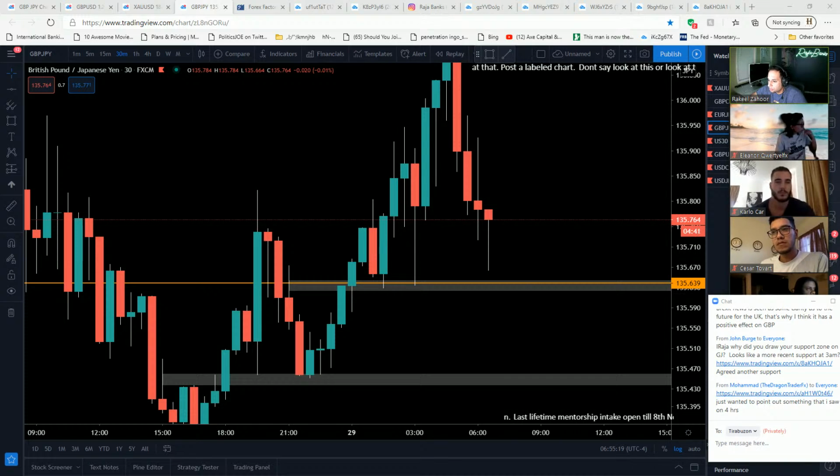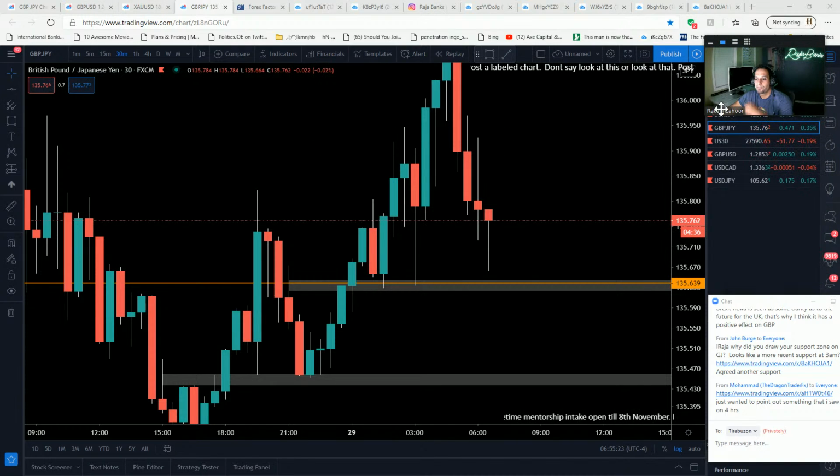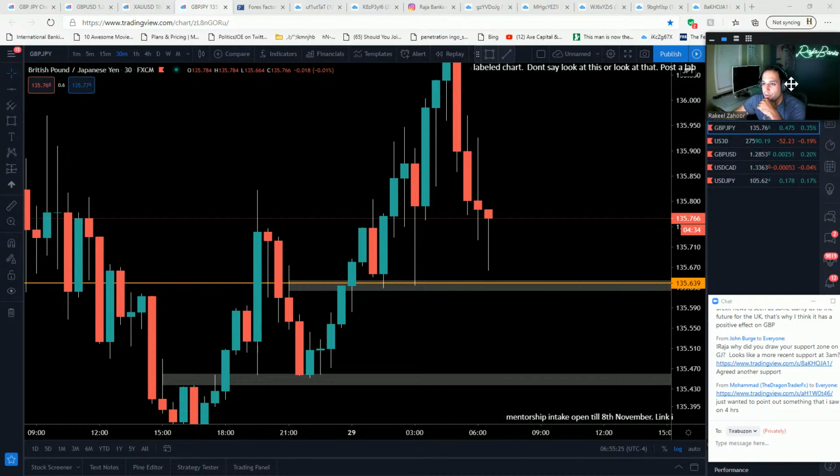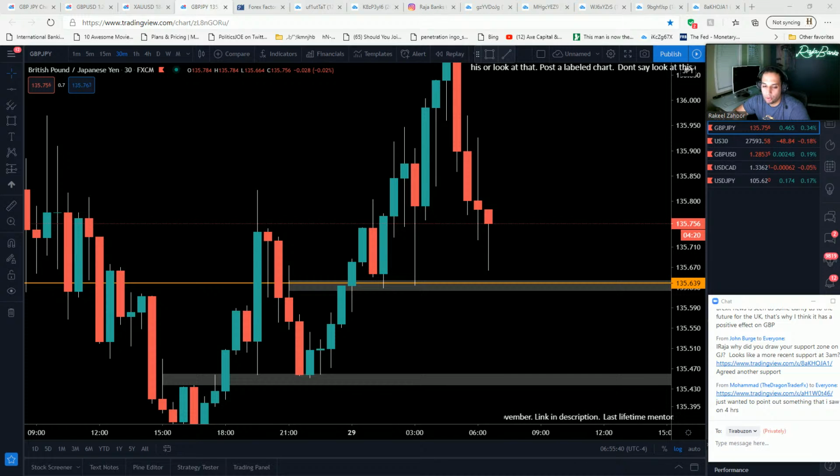When price forms support or resistance, do you normally only execute trades when price breaks the high or low of the candles to the left? And if so, how can you be confident it's not going to wick past? That confidence comes with experience. It comes with watching that same thing happen over and over again.